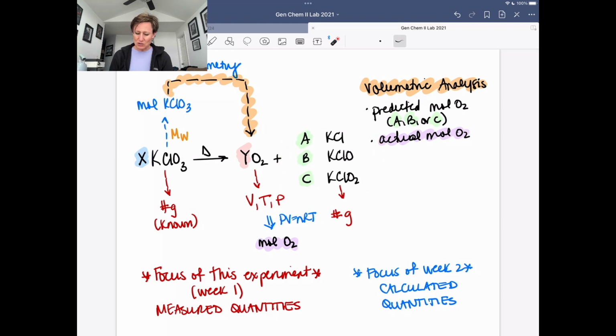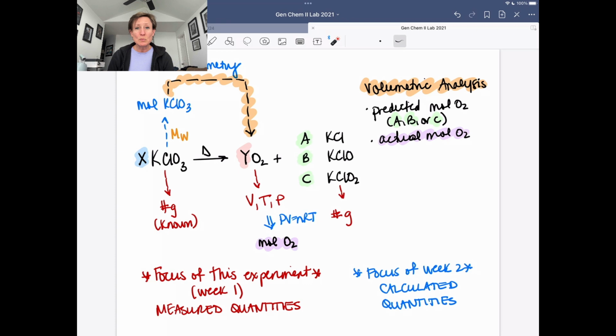So let's see if we can see how this works, right? These are going to be stoichiometry calculations. Okay, so if we know the mass of potassium chlorate that we start with, molecular weight can get us to the moles that we start with, and then what we're going to do is we're going to tie this quantity of potassium chlorate to a theoretical or predicted amount of oxygen that we can generate depending on which reaction we have.